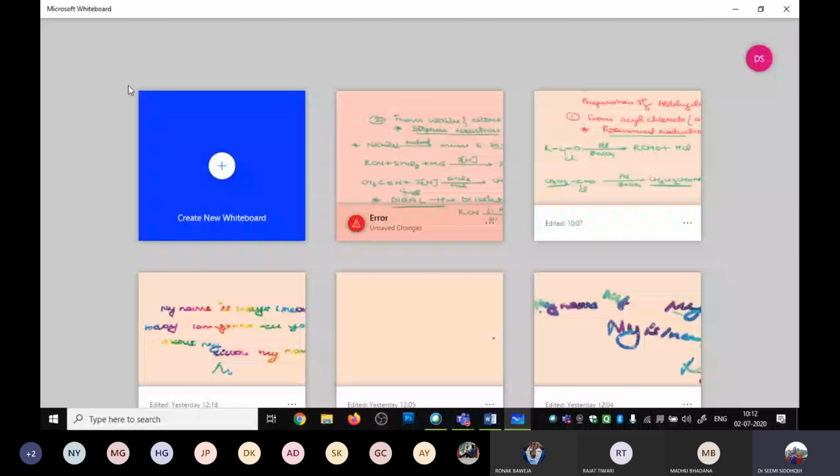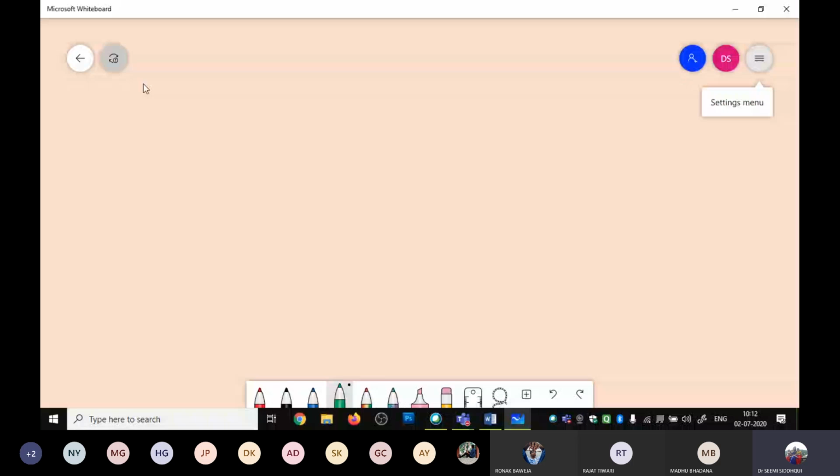Now, coming to the next reaction. The third method of preparation of aldehydes is that we can prepare them with the help of hydrocarbons, by the oxidation method.